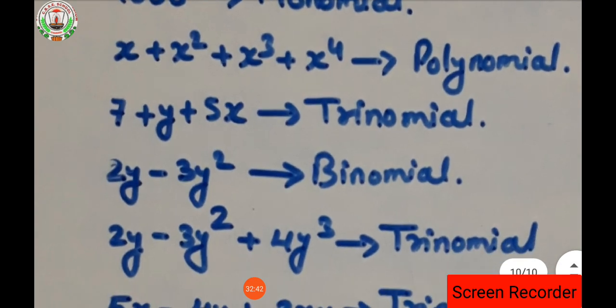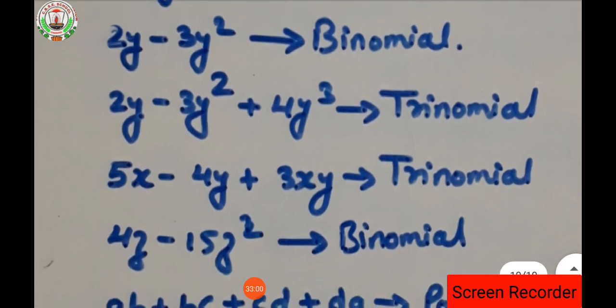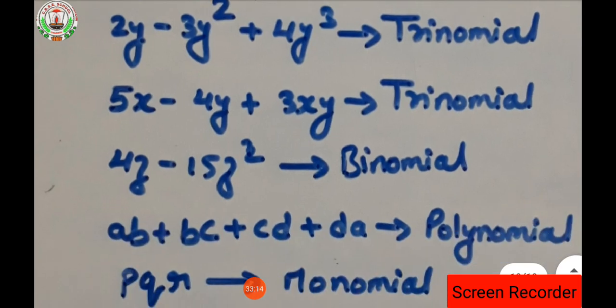Then 7 plus y plus 5x is a trinomial since it has 3 terms. Then next, 2y minus 3y square is a binomial. 2y minus 3y square plus 4y cube is a trinomial since it has 3 terms. 5x minus 4y plus 3xy, again it is a trinomial since it has 3 terms. Then 4z minus 15z square will be a binomial as it has 2 terms.